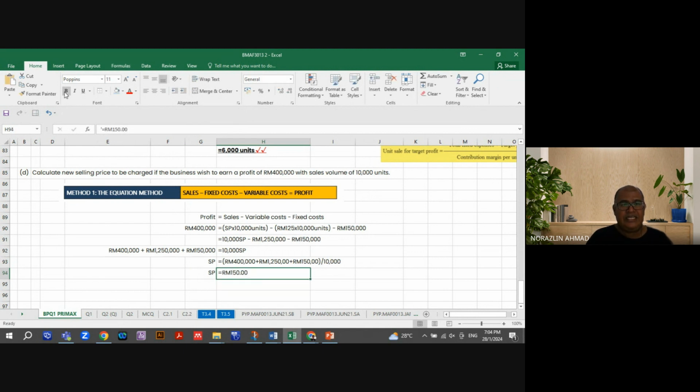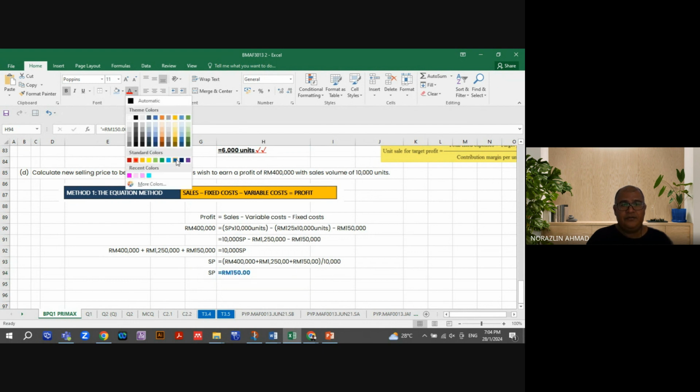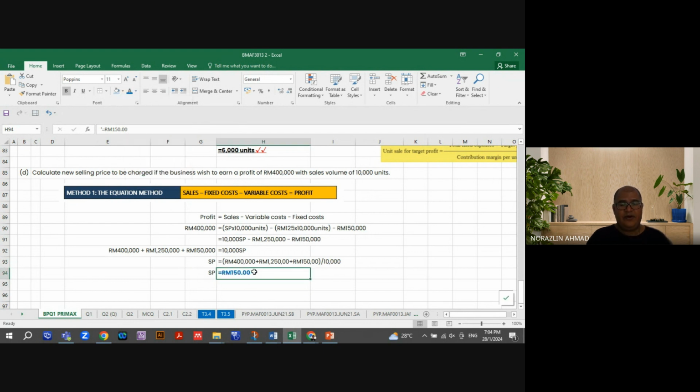So you can reduce your selling price up to 150 in order for you to get your 400,000 ringgit profit. Okay, from 200 ringgit, and then you can reduce to 150 ringgit.